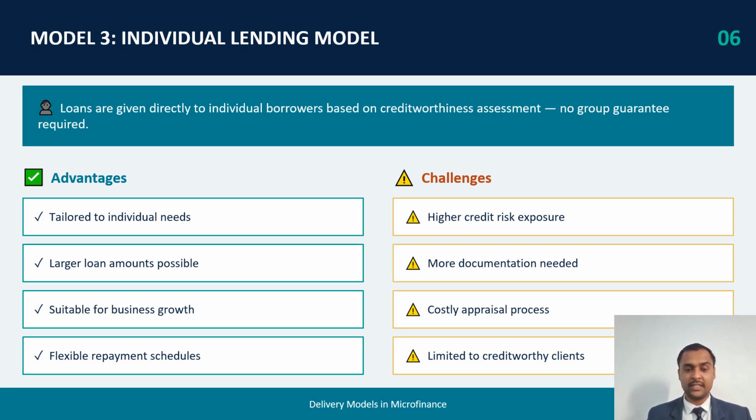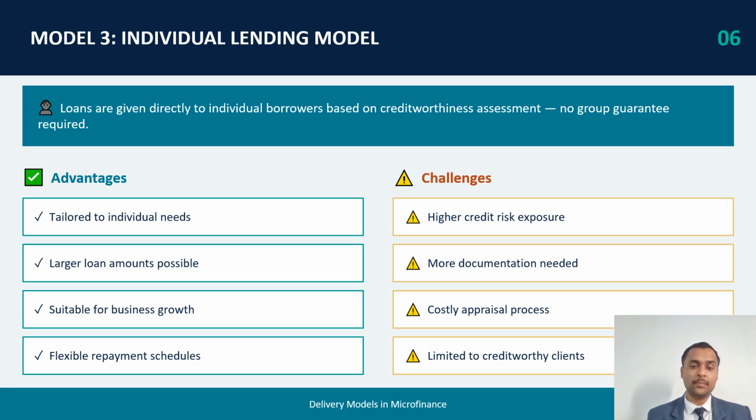This model has several advantages. Loans can be customized on an individual creditworthiness basis, and the repayment schedules are flexible, which is great for entrepreneurs and small businesses who have business plans. However, it also comes with challenges. The risk is higher because there is no group guarantee, and there is no third party involved.